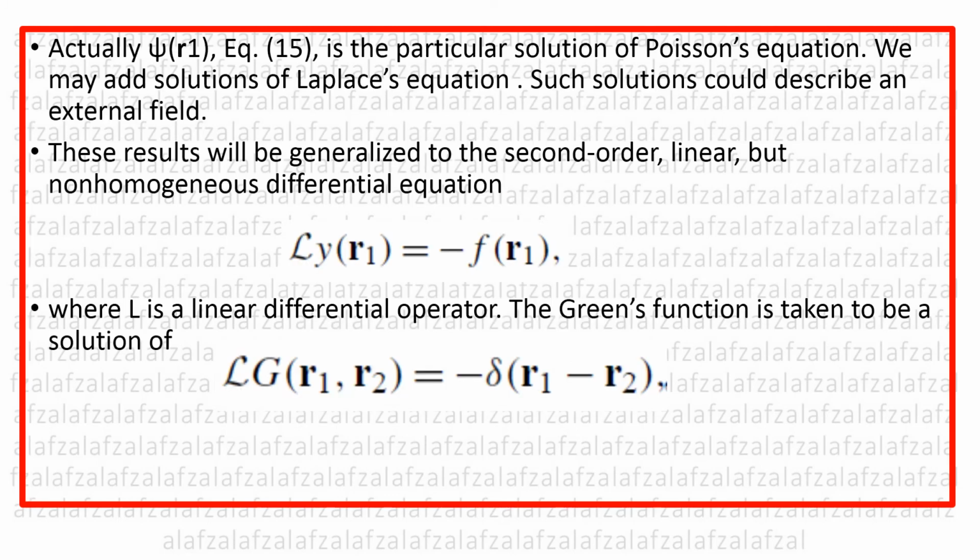So actually psi of r1 is a particular solution of Poisson's equation. We may add solutions of the Laplace equation; one such solution could explain an external field. So generally we can say L, an operator operating on a function y of r1, gives minus f of r1, and the Green's function is taken to be a solution of L of g of r1 r2 equal to minus delta r1 minus r2.